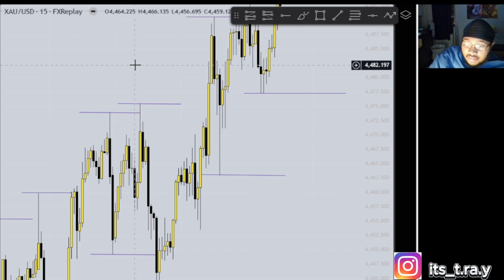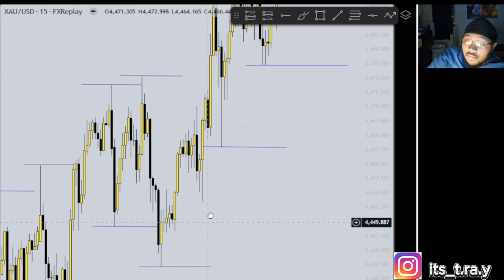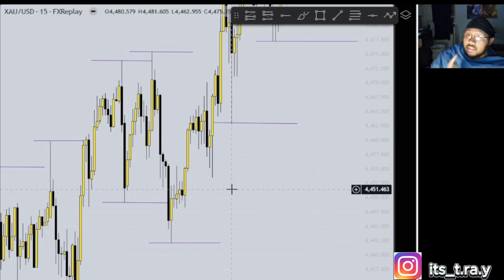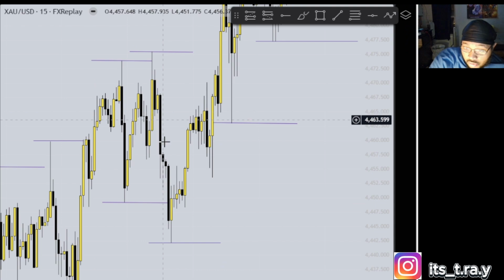Liquidity is basically just highs and lows in the market where stop loss orders are resting. Now, as y'all can see right here, what price usually does is price targets liquidity, and price moves based off of liquidity, or moves to target liquidity, basically. So, for instance, as y'all can see right here, price came and took out this low, which is liquidity.